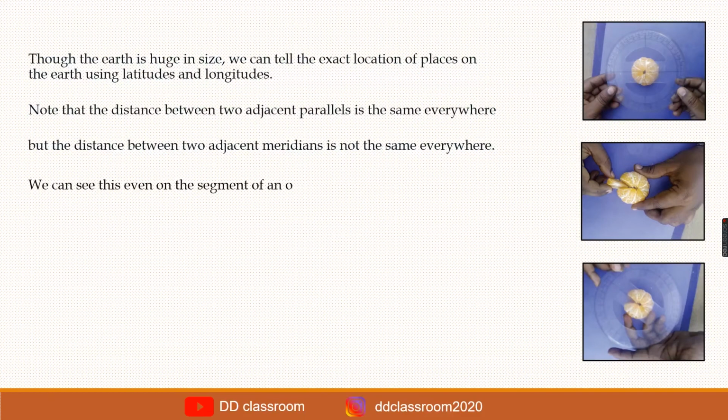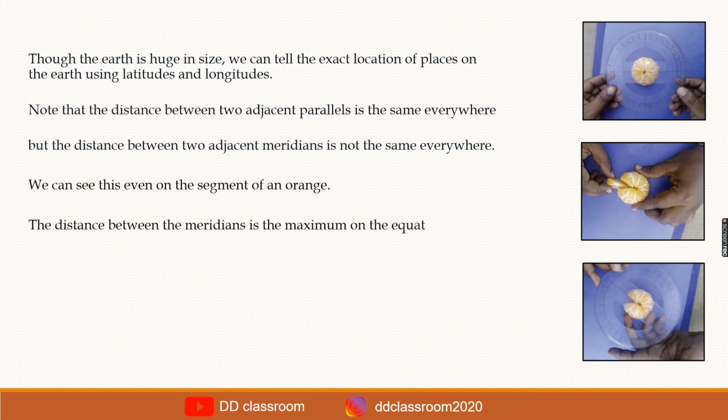We can see this even on the segment of an orange. The distance between the meridians is the maximum on the equator and goes on reducing towards the poles. At the poles it is 0.